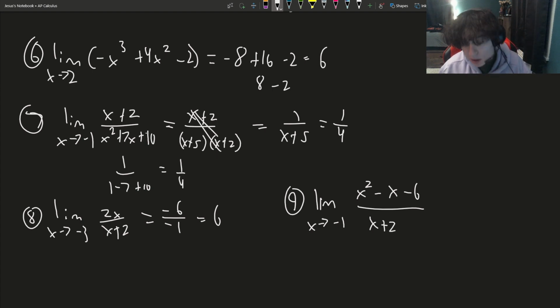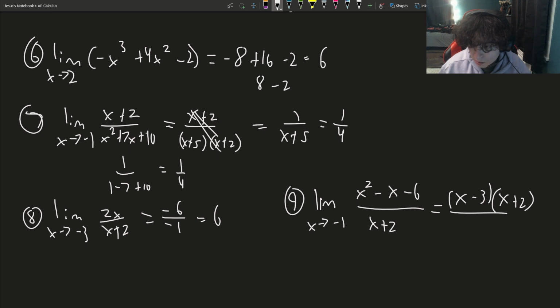So we could either plug in -1 or we could just manipulate it, so let's just factor the top, which is going to be x minus 3 and x plus 2. And then we have x plus 2 on the bottom, so we could just cancel those out and bring it down to just x minus 3. And you plug in -1, and you just get -4, if I'm not wrong.